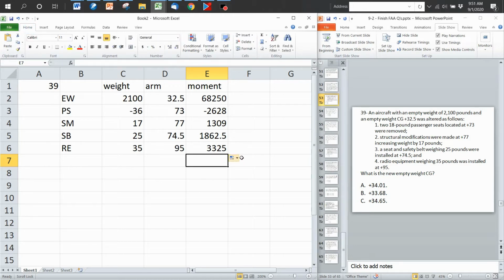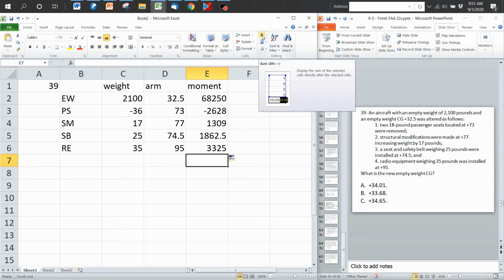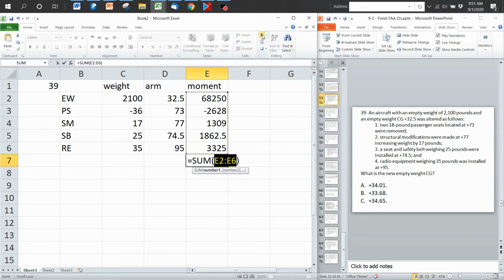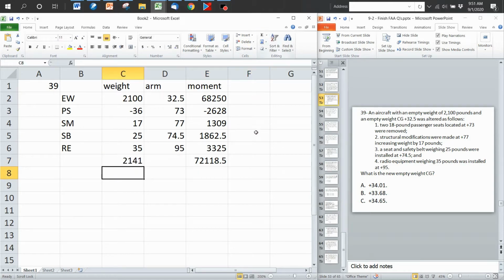Now I'm going to come over and I'm going to click the sum button. And it automatically knows where all the numbers are. And it says, yep, that's good. And so it does all that math for me. I'm going to hit the sum button again. It does all that math for me. And the last thing I need to know, if I need to know what the empty weight CG is, I need to know that this one is going to be equal. Again, I'm calculating.